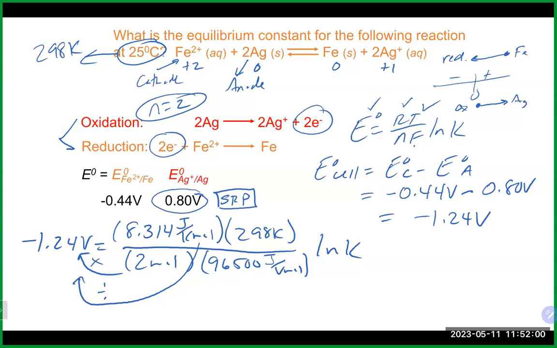I'm then going to divide it by 8.314, hit equals, divided by 298, hit equals. That's going to give me a negative 96.595-ish, equals the natural log of K in this case. To get rid of the natural log, we're going to do e to both sides there. And that will give me a K.